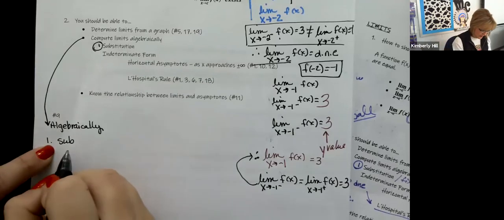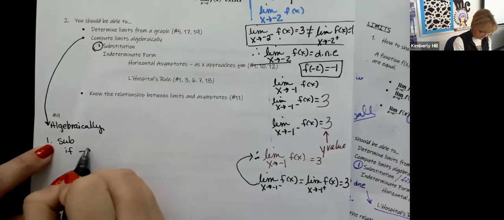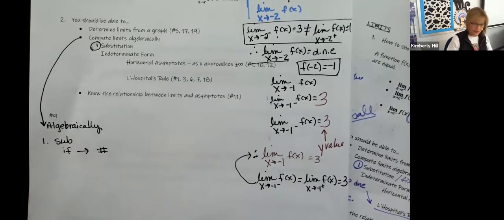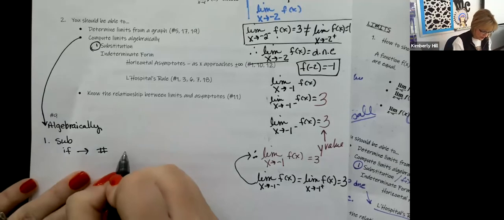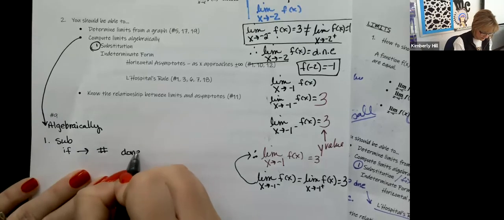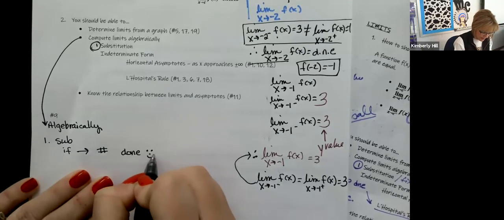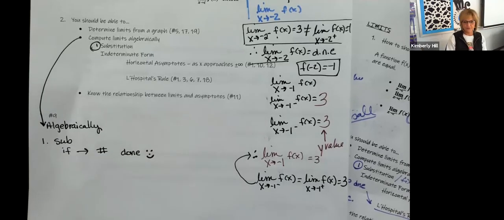So don't forget when you're doing limits that sometimes you have to do a little bit more. You sub in, and if you get just a regular old number, something nice, it doesn't even have to be a pretty number, just an actual answer, you are done. Finished, you are happy, and you move on to the next question.